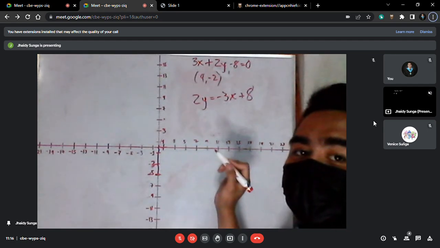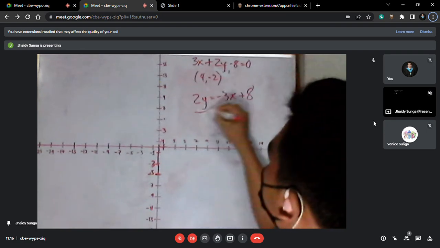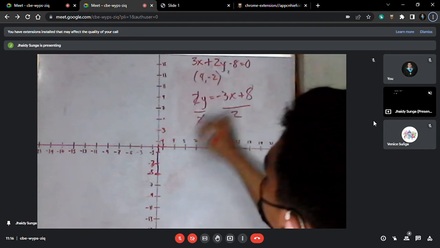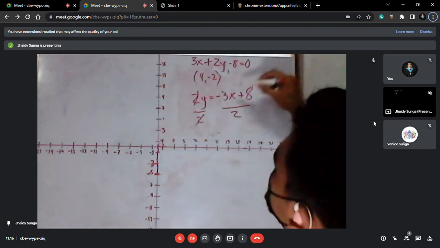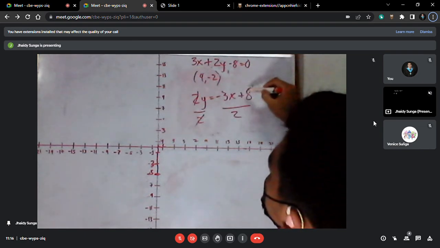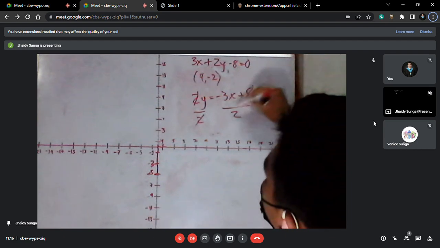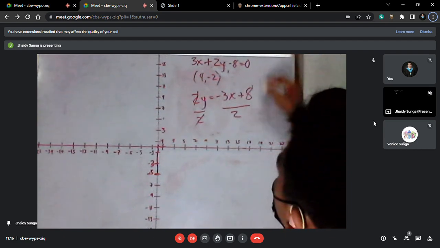So the thing that I will be doing is to divide this both by 2. Alright, so it will be cancelled. So the only thing that will remain is negative 3x plus 8. Alright, so what we are going to do here is to convert this into this form.